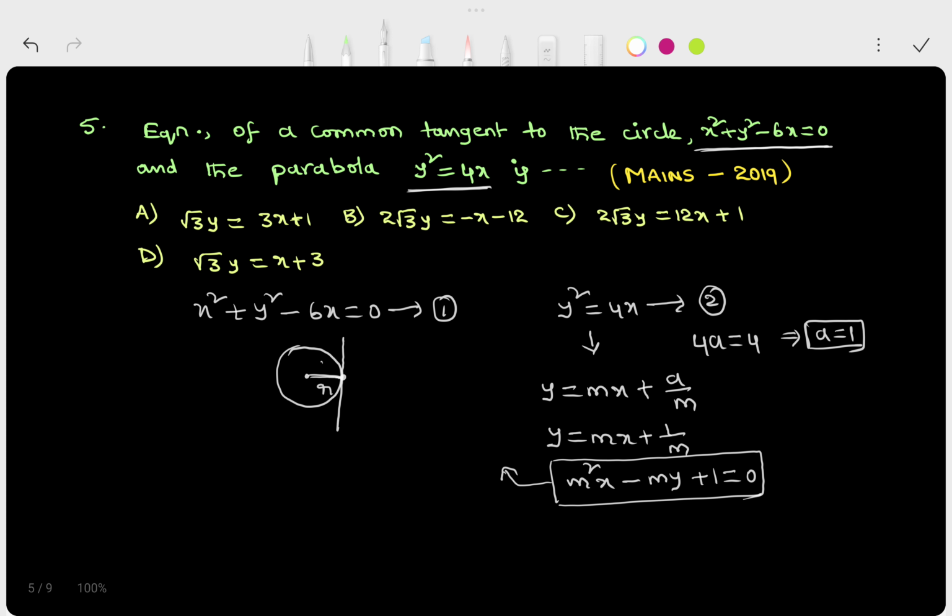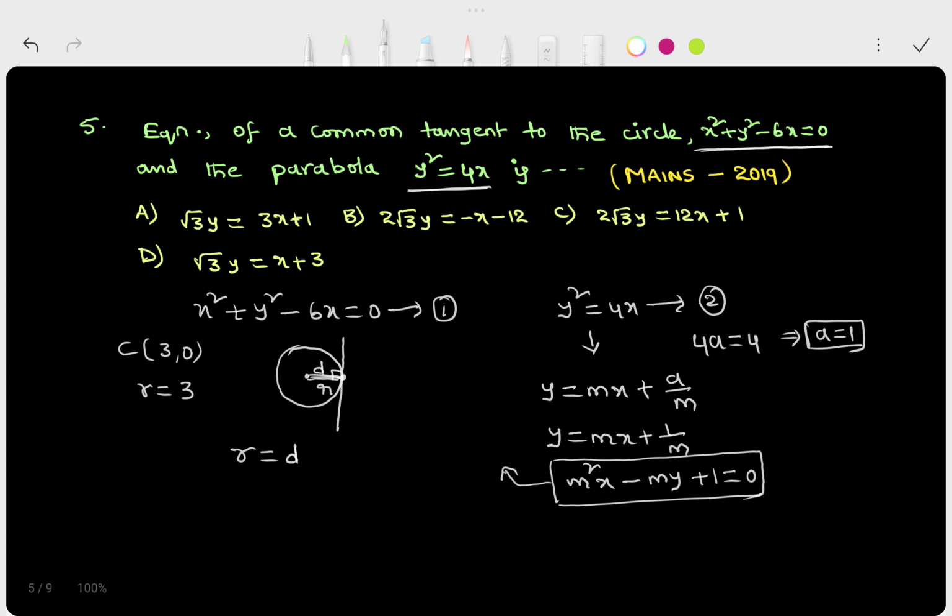This is the r value and this is the d value. Here r is equal to d, where d is the perpendicular distance from the center to the line. So what is the center of this one? Center C is (3, 0) and the radius r is 3. Now apply the condition r is equal to d.